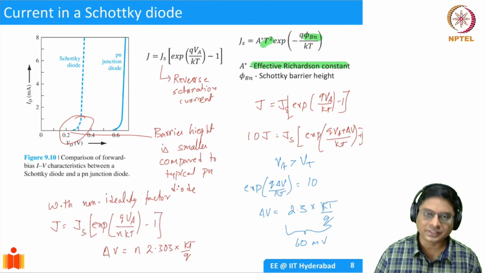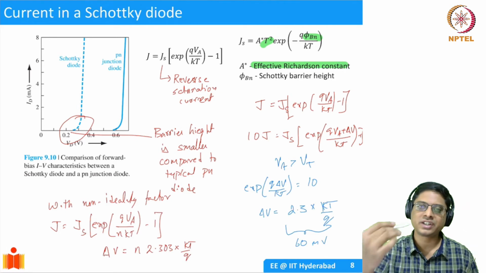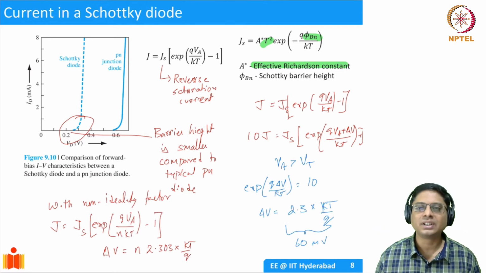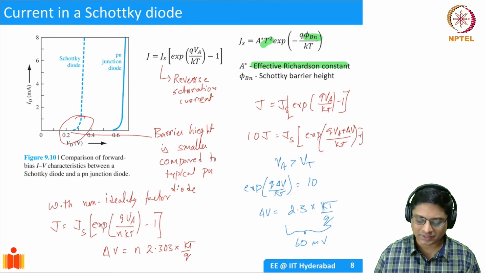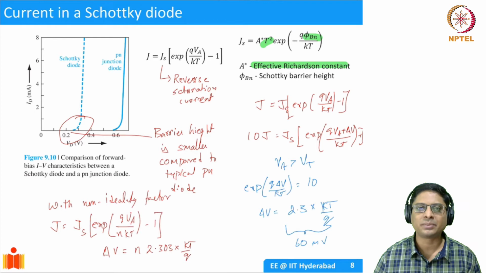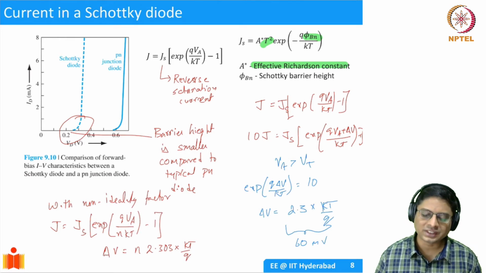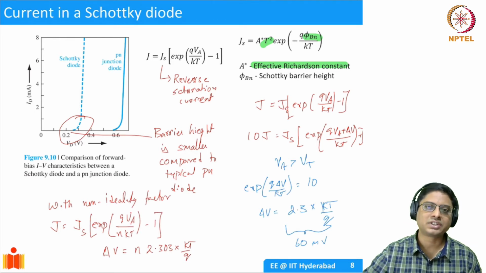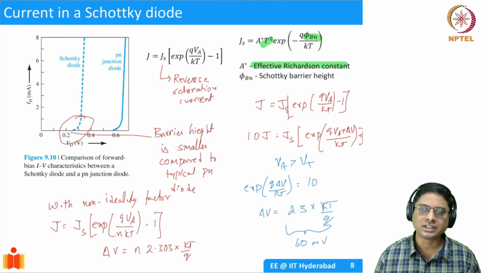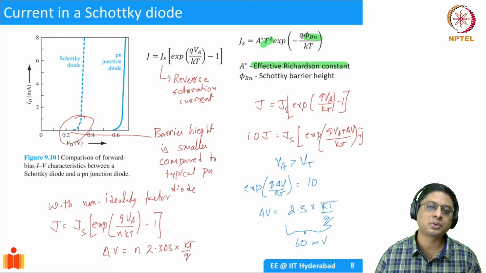But this delta V that is required to cause one order change in the current is a very, very significant number. We will actually revisit this when we look at MOSFETs. But essentially, you require at least 60 millivolts. Experimentally, it can be 90 millivolts or so. So you need that much voltage change to cause a change of one order of magnitude in the current. And that is typical for all situations where you have current flow over a barrier.